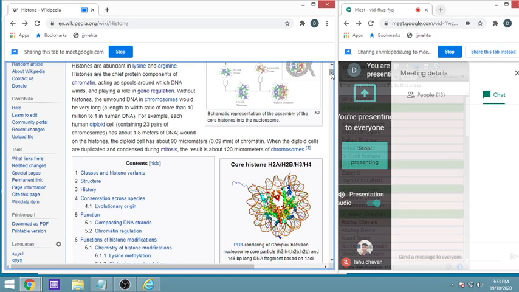You can think about how it has been put into very small, micron-size cells and nuclei. A diploid cell has around 90 micrometers, that is 0.9 mm of chromatin. When the diploid cell is duplicated and condensed, the result is around 120 micrometers of chromosomes.